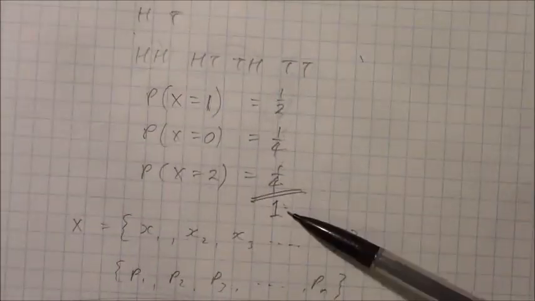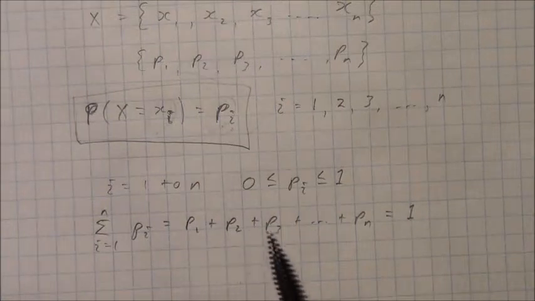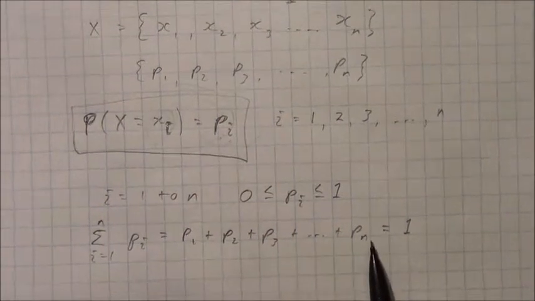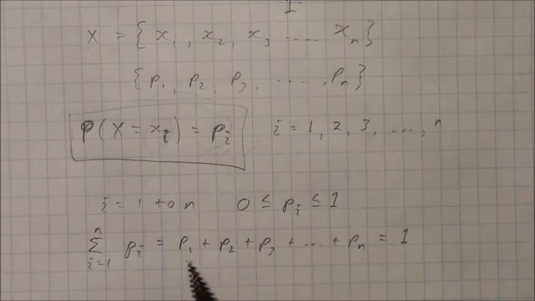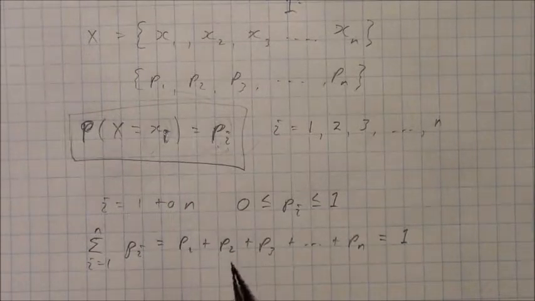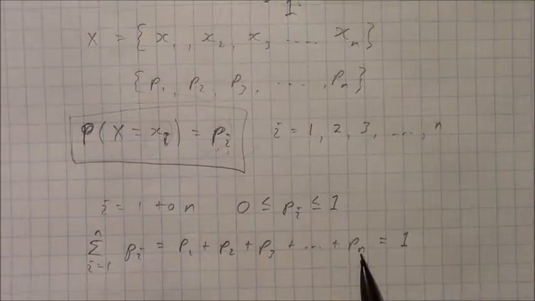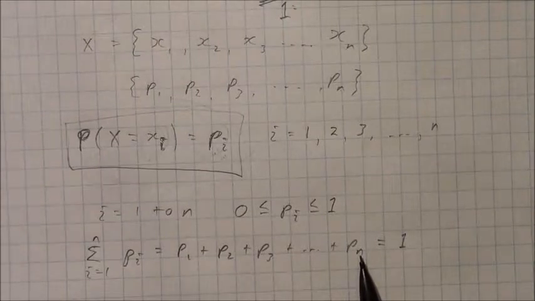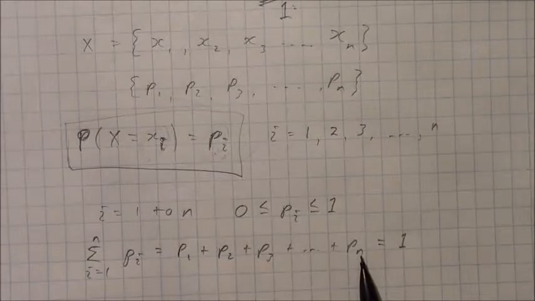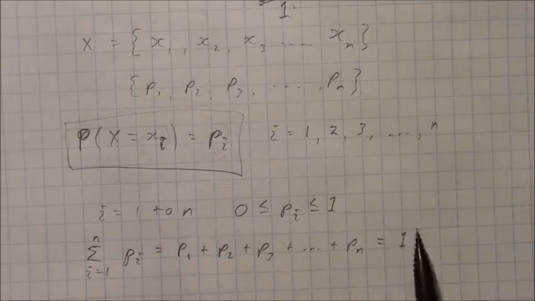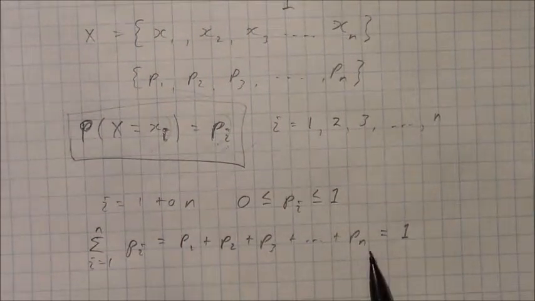Just like in this example, when you take the probabilities of all the different outcomes that could occur during an event, we will definitely get at least one of those. So the sum of all those probabilities equals 1, because one of these definitely will have to happen when we do the experiment or look at the event.